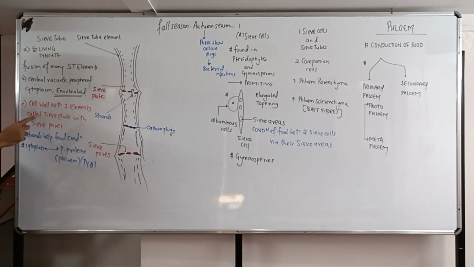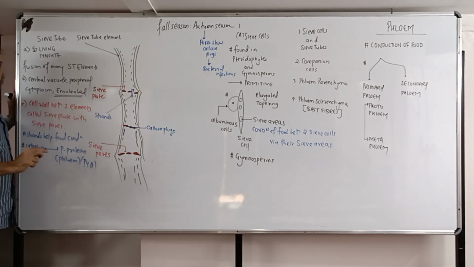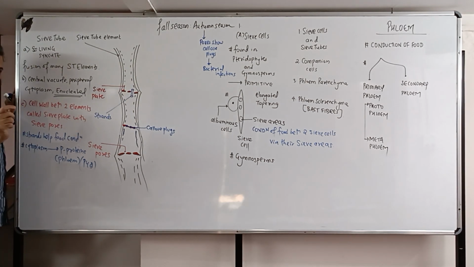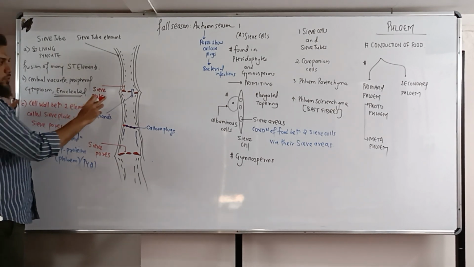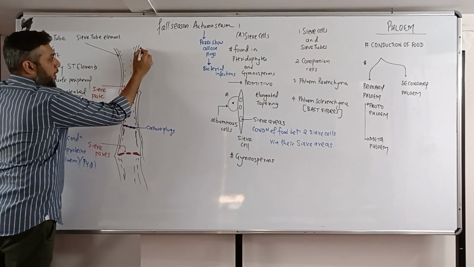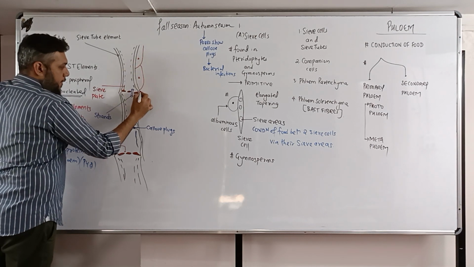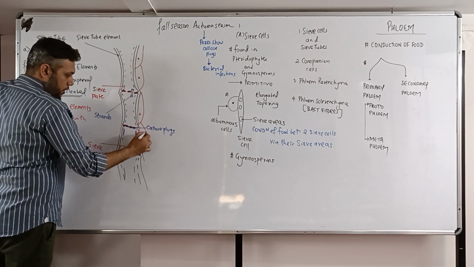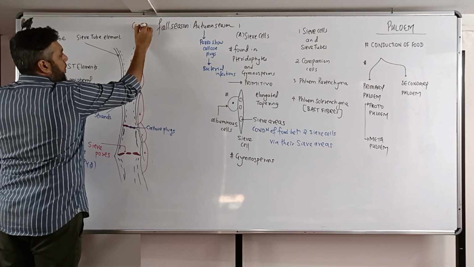Now, we'll come back to this point of the sieve tube element. The point is whether it is nucleated or enucleated. Enucleated. Right? So we want somebody who will control the functions of the sieve tube elements, and that is done by these cells which are known as companion cells.